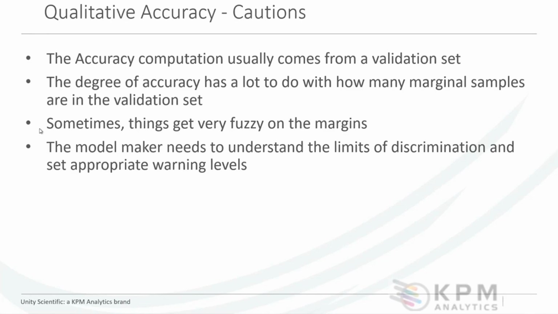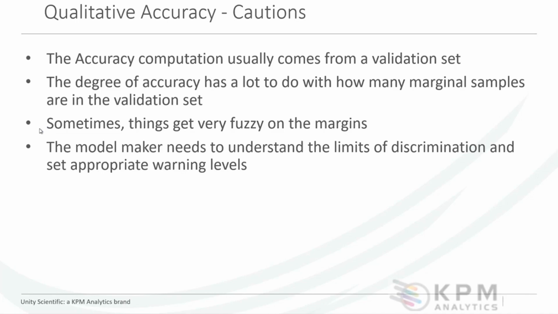So for qualitative evaluations and determining the accuracy and the limit, a couple of cautions. The accuracy computation normally comes only from a validation set. I would not do this based on your training set at all. You really want to have a completely independent validation set to make sure that your limits are set up properly.